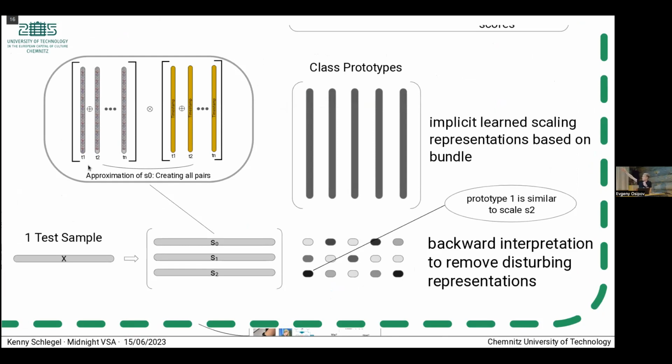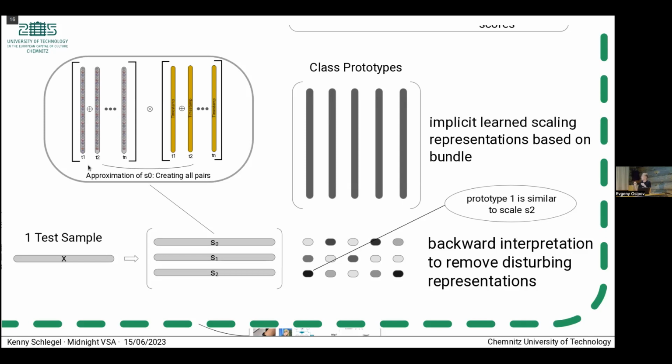Then we have our approximate embeddings for each scale and can compare them with a dot product to our class prototypes, and based on the scores, we can decide which scale might be the best option and remove all the others.